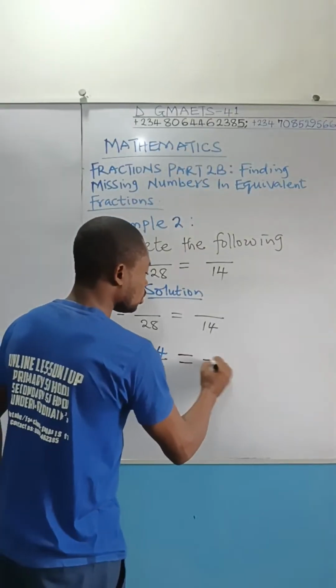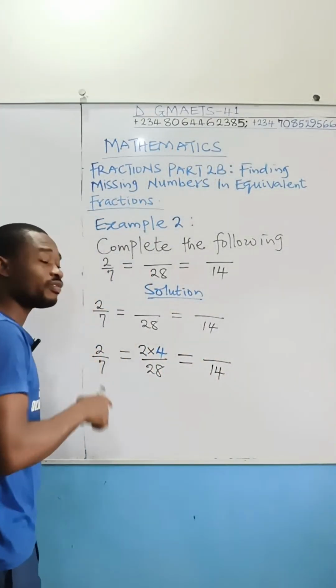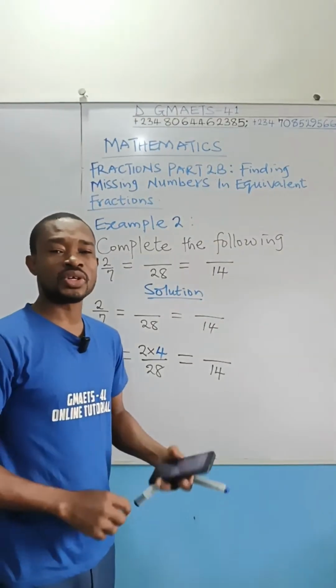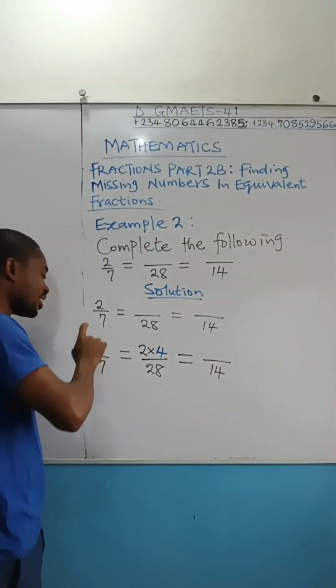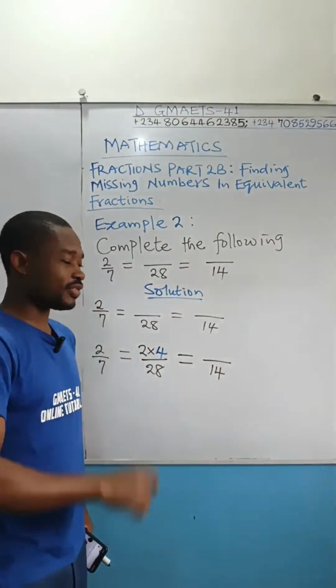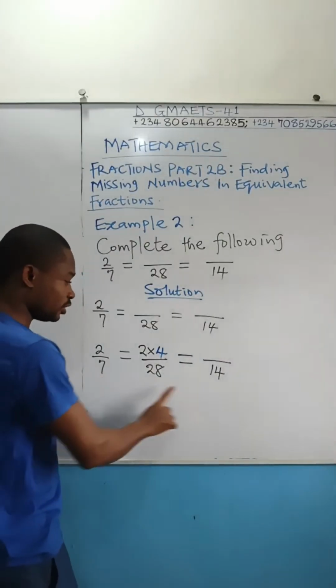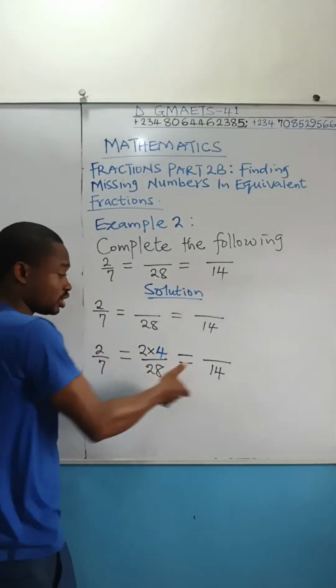So equal to, next, blank over 14. Again, go back to 2 over 7. Remember, if you're using method 1, the multiplication or division method, you must go back to the given fraction in its lowest form. Now you have 7 and 14. Remember, you are dealing with this fraction and this one now.